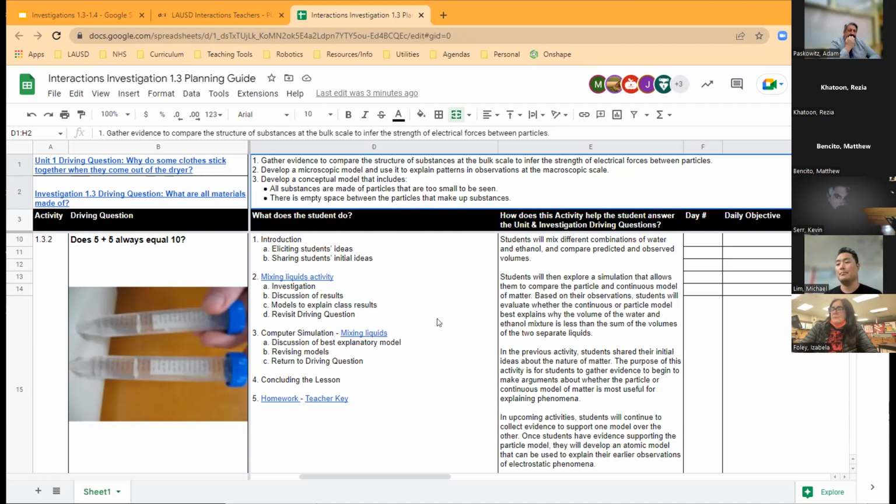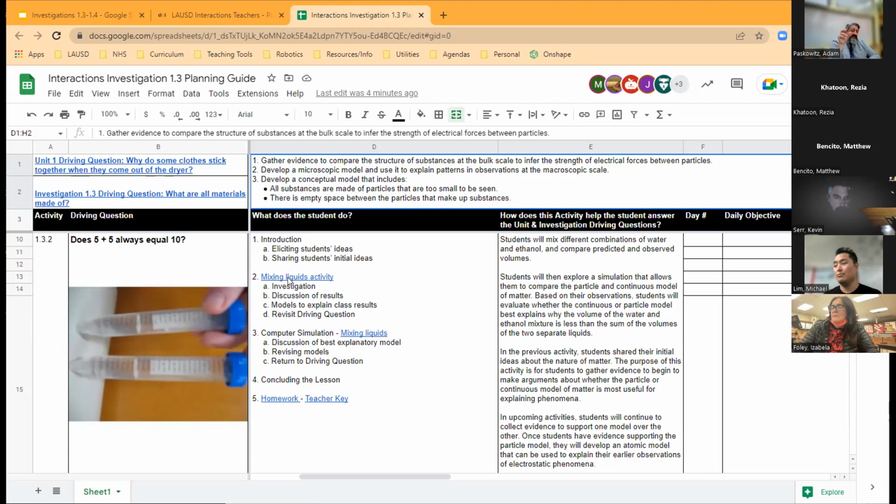And then compare, I'm sorry, let me start over. You start with 5 milliliters of water and 5 milliliters of water together, and you see that it's 10 milliliters of water.